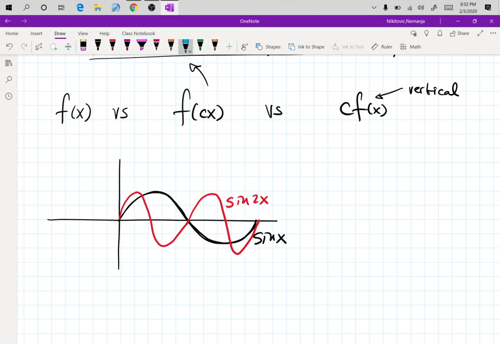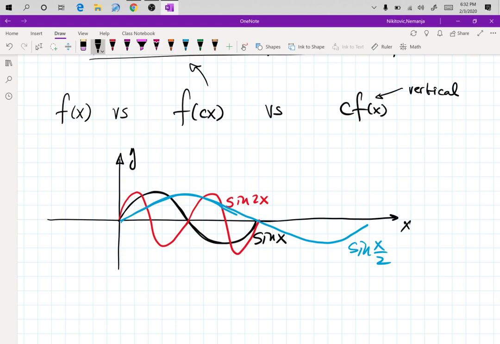Or we can go slow. There we go. If we go slow like this, that's sine half x, multiplied by a half. So you can also compress them or stretch them depending on which number you take.